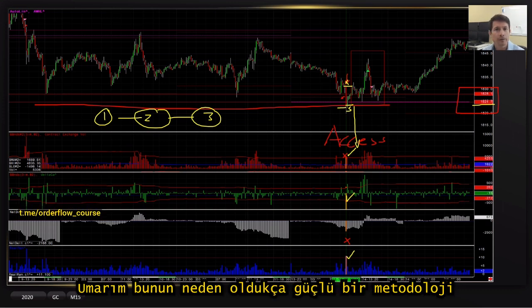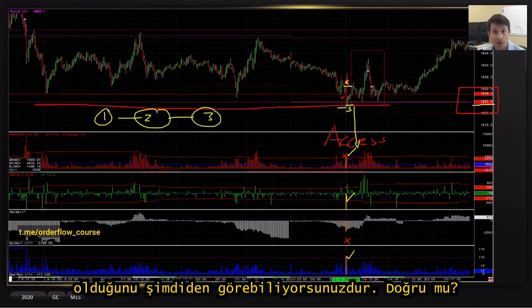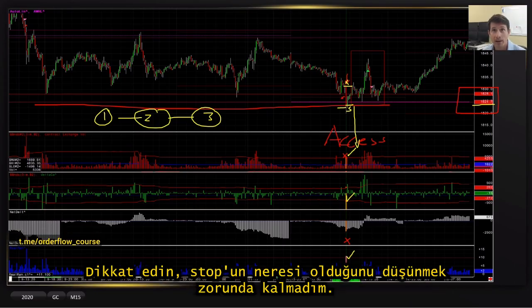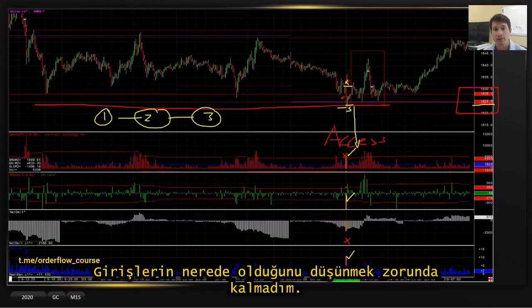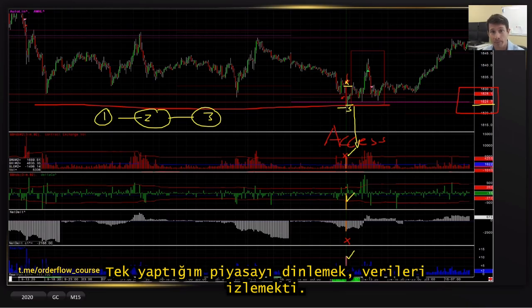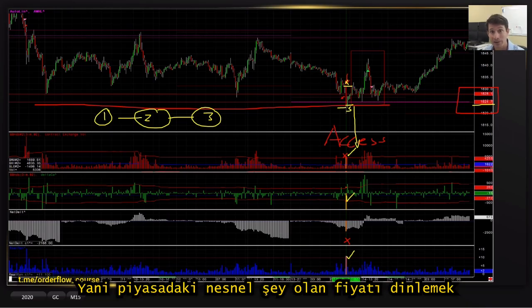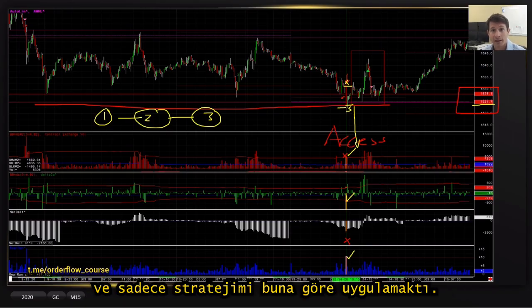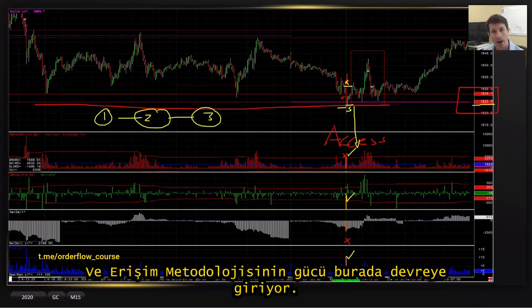Okay, now hopefully you can already see why this is quite a powerful methodology. Right? Straight away, notice I didn't have to think where the stop is. I didn't have to think where the entry is. All I did was listen to the market, watch the data, in other words, listen to the objective thing in the market, which is price, and simply execute my strategy off of it. Right? And that's where the power in axis methodology comes in.